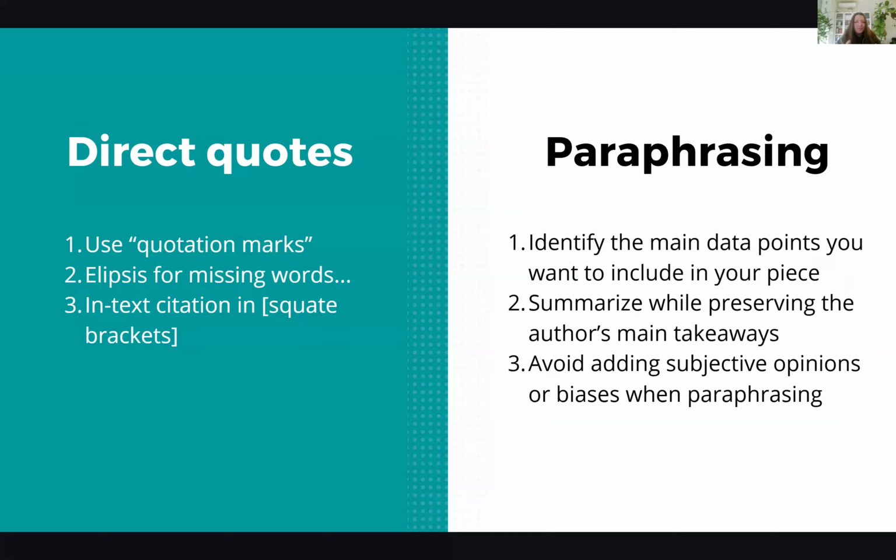But it's very important to be careful when paraphrasing, because it's very easy to miss important information, and it's very easy to include your own subjective opinions or biases when paraphrasing.